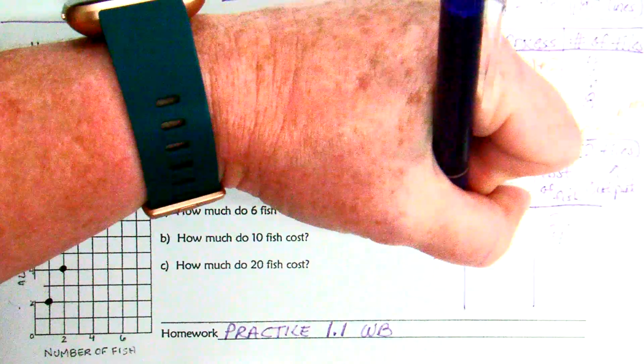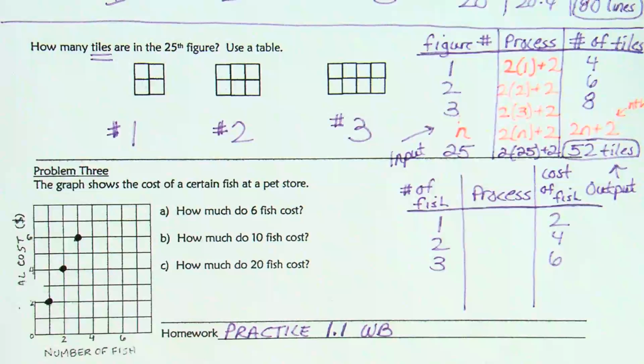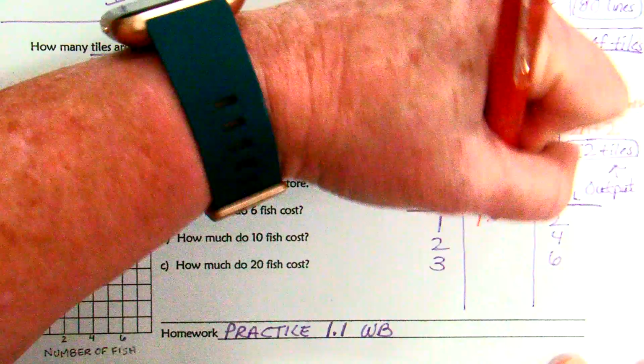And again, I know this is more like the first problem, isn't it? What's the process here? Yeah, you're multiplying by 2 always, aren't you? You're taking the number of fish and multiplying by 2. In the top row, 1 times 2 is 2. Then it's 2 times 2 is 4. And then 3 times 2.